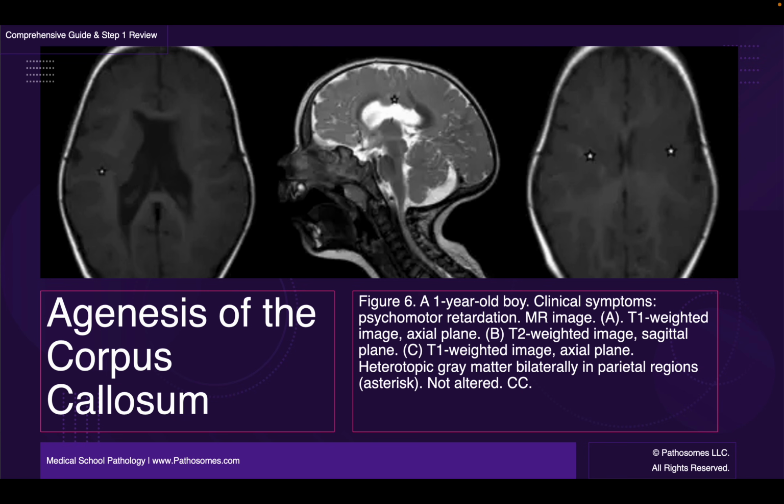What we're seeing is heterotopic gray matter bilaterally in parietal regions, hinting at the agenesis, or the lack of development, of the corpus callosum.